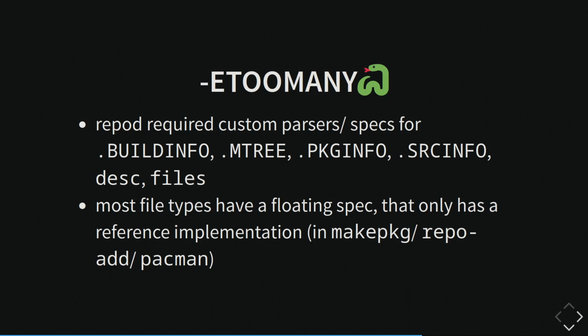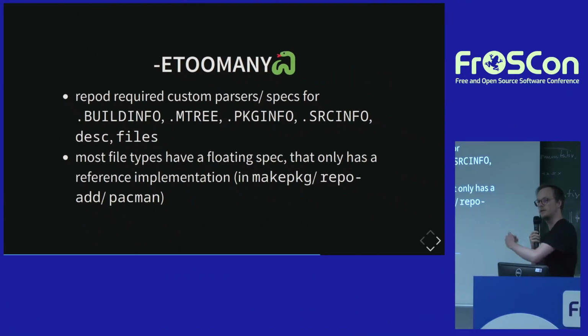Due to only having a reference implementation in makepkg or repo-add, this is all quite brittle in the way that once anything in makepkg or pacman changes, repod is broken. And that's not very nice.